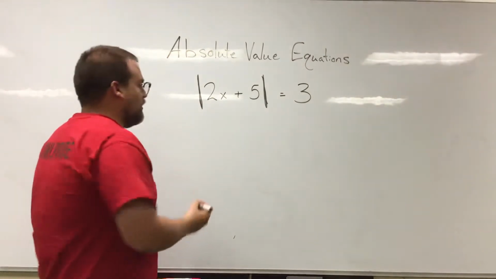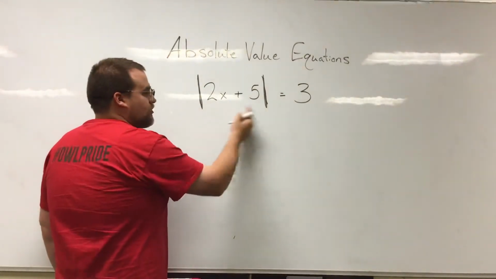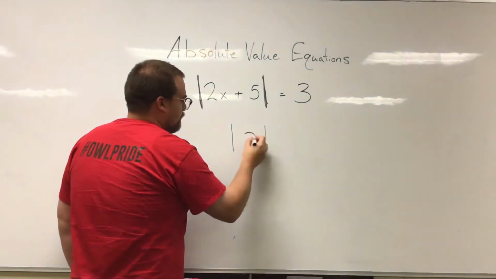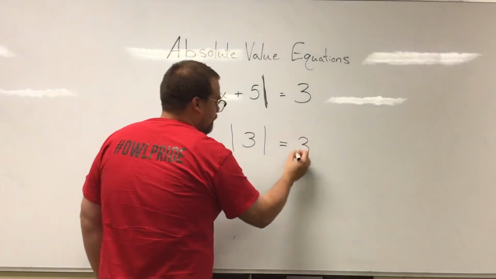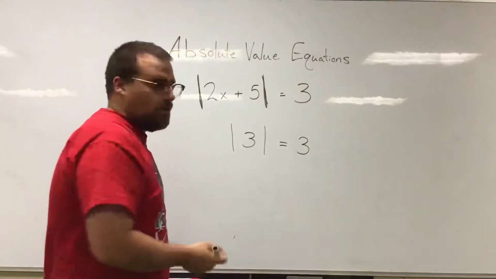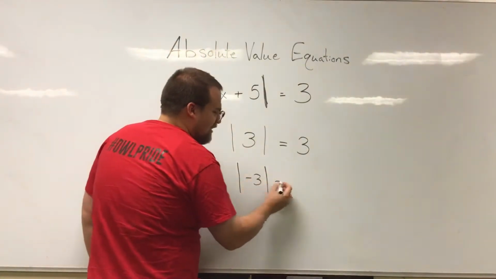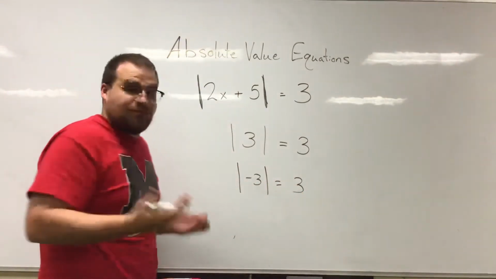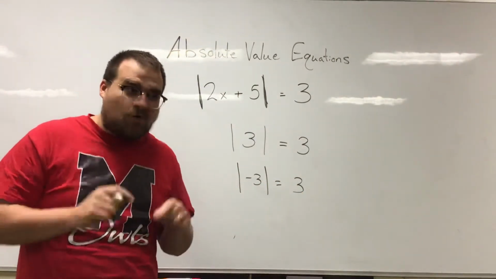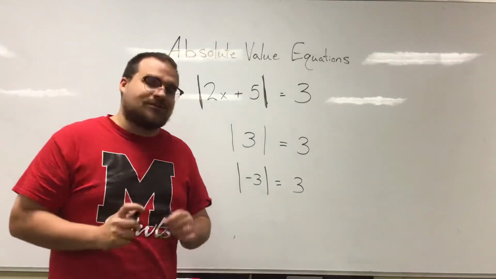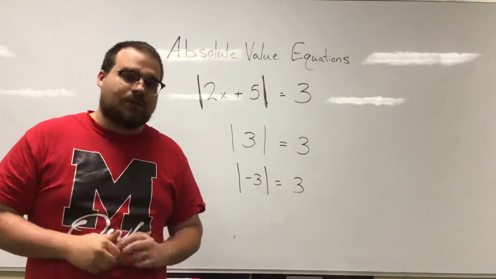But in reality, after we solve that 2x plus 5, it could be 3, since the absolute value of 3 is 3. Or what if 2x plus 5 is actually negative 3? Because the absolute value of negative 3 would also be 3. So we have to take into consideration both possibilities.